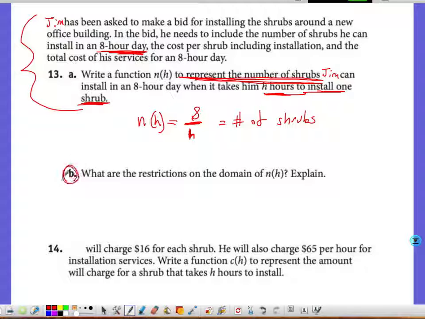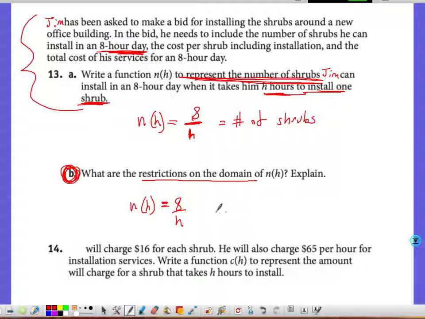Now, part b is very, very important. What are the restrictions on the domain of n of h? Explain. So we just found that n of h is equal to 8 over h. Now, restrictions on the domain.